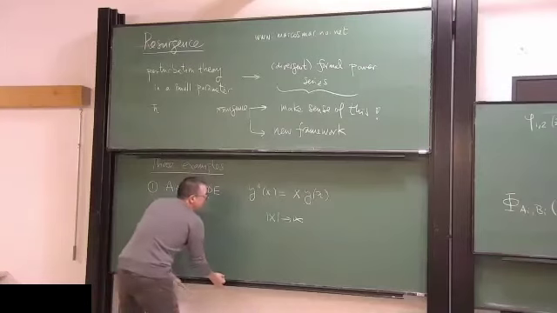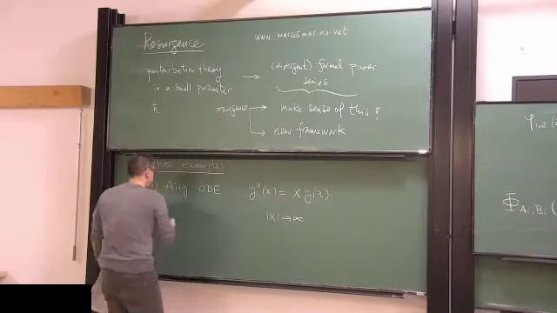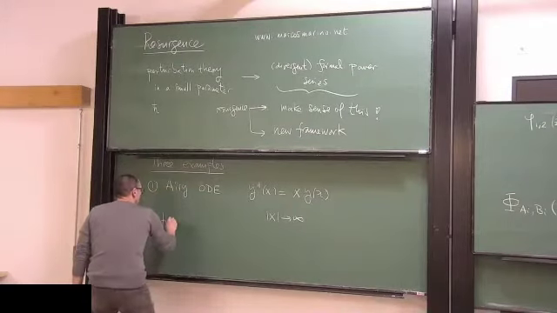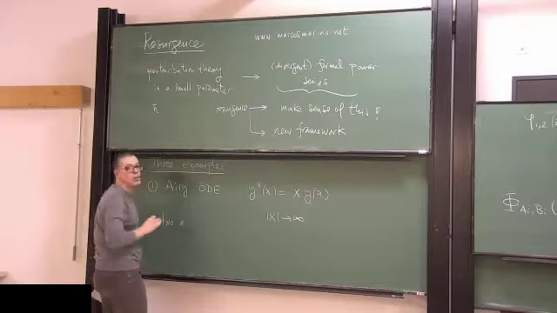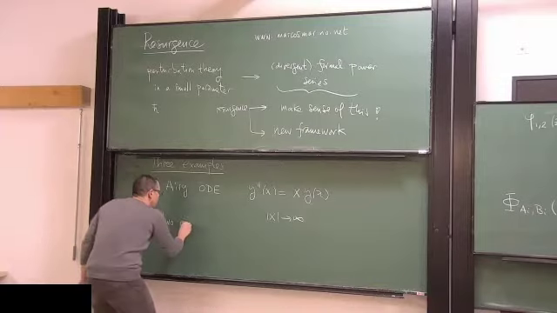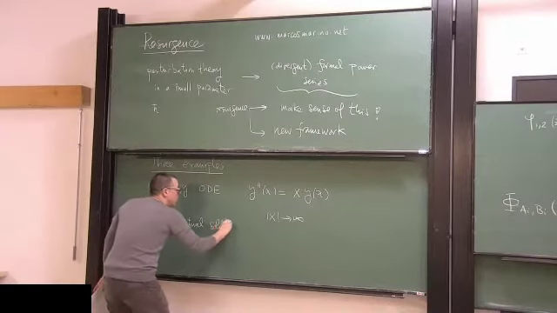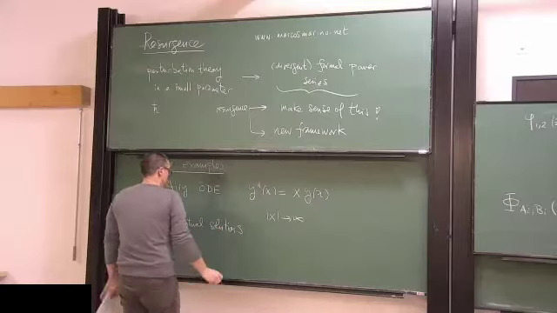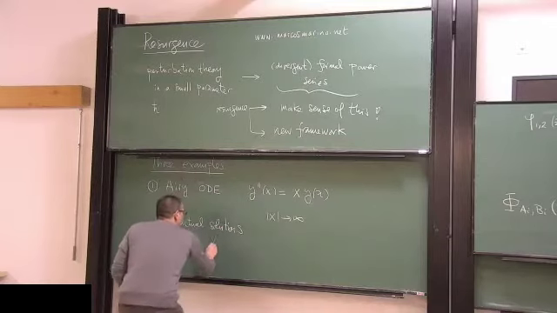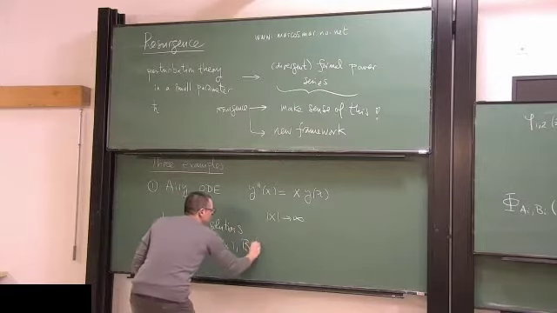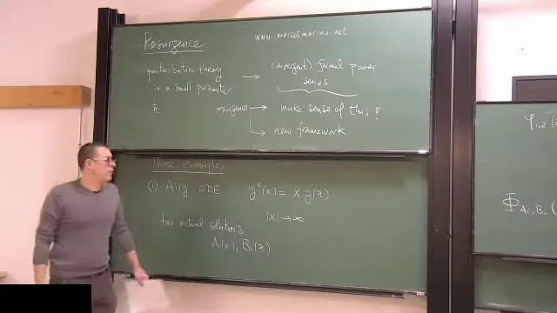Well, it turns out that this equation has two actual solutions. This is a second order differential equation, so it has two actual linearly independent solutions, which are sometimes called Ai of x and Bi of x. So these are actual functions.